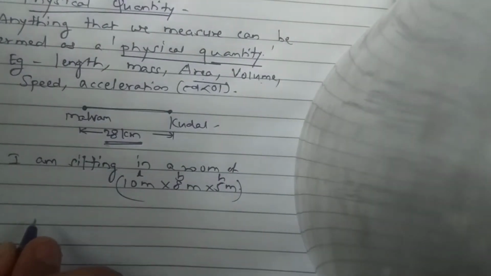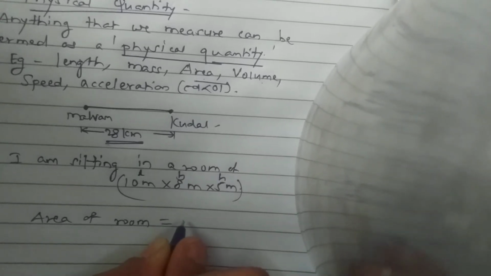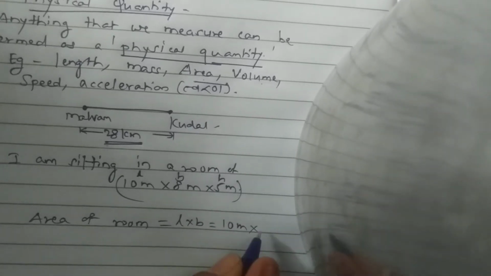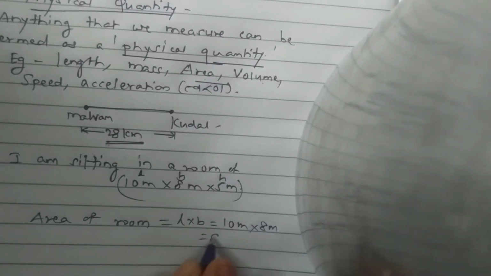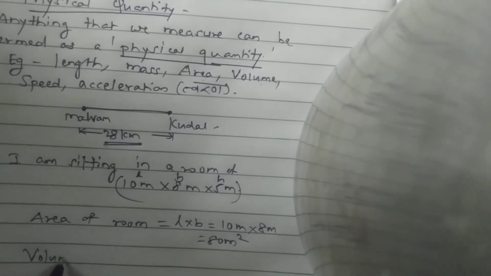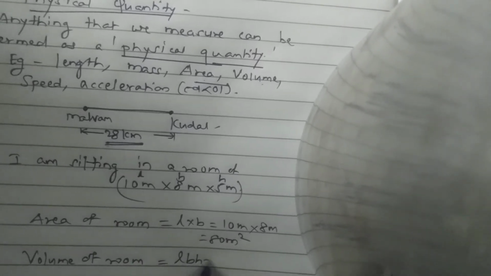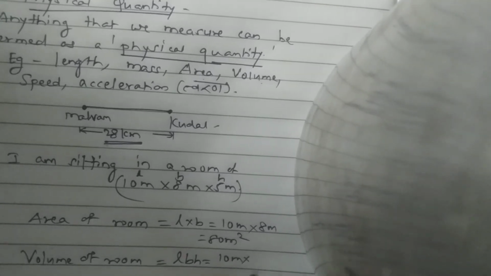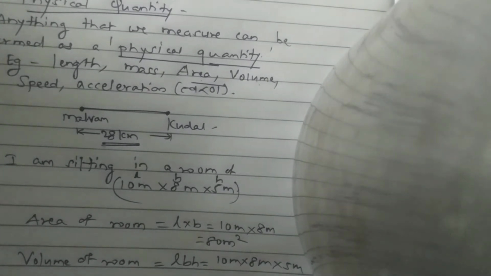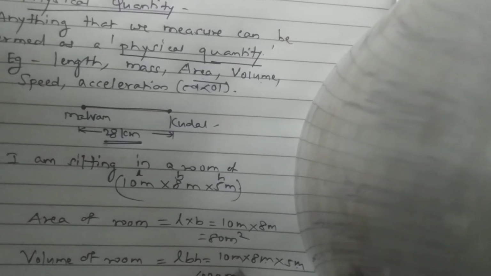So how will you find the area of this room in that case? So area of the room will be given by length into breadth, that is 10 meters into 8 meters, that is 80 meter square. Or how will you find the volume of this room? So it is nothing but length into breadth into height, that is 10 meters into 8 meters into 5 meters. So it will amount to what? It will amount to 400 meter into meter into meter, that is meter cube.